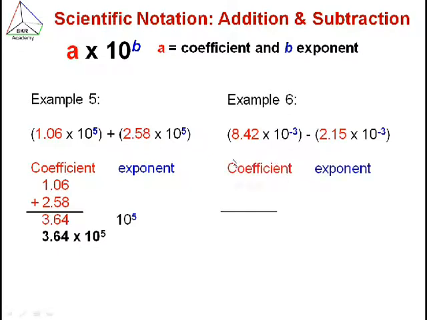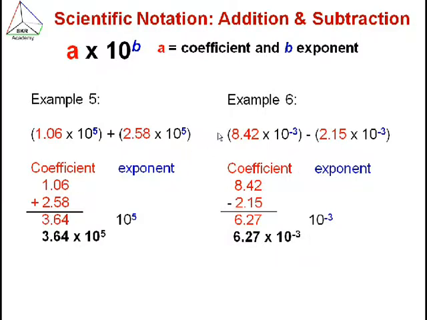So we subtract 8.42 minus 2.15. The answer is 6.27, and since the powers of 10 are the same, we can write it as it is. So the answer will be 6.27 times 10 raised to the power 3.